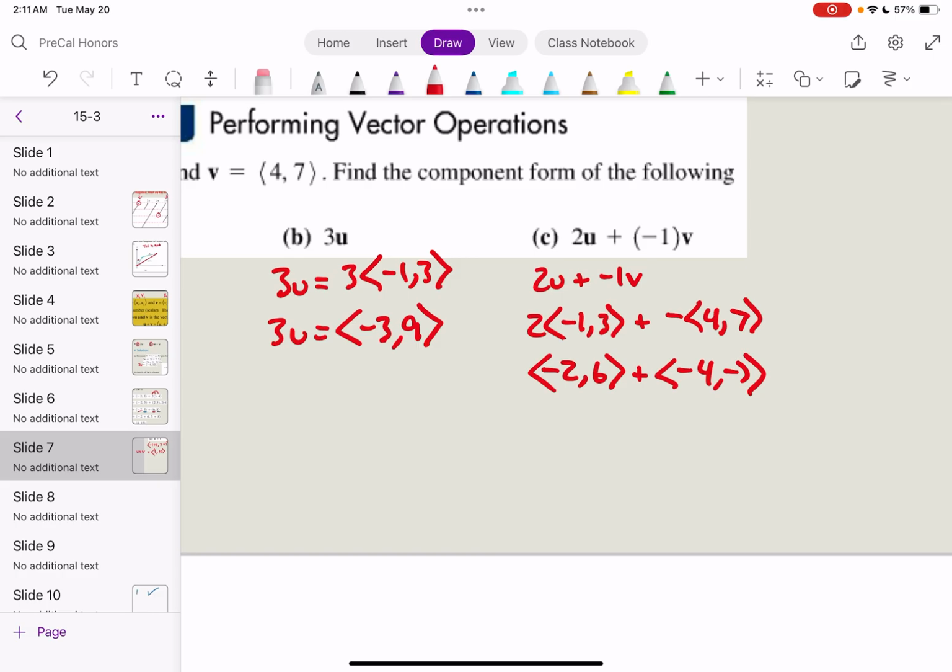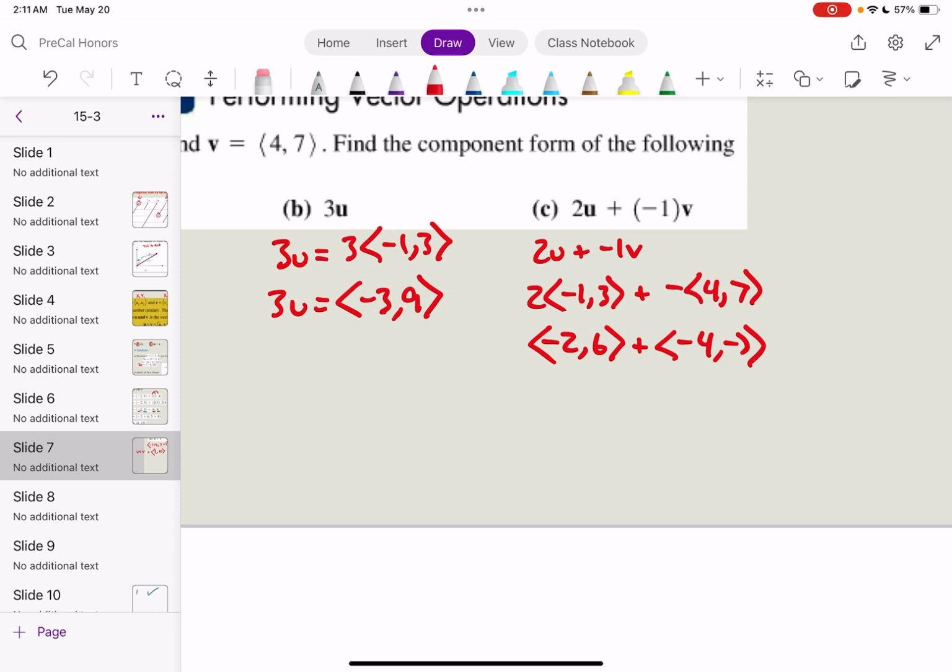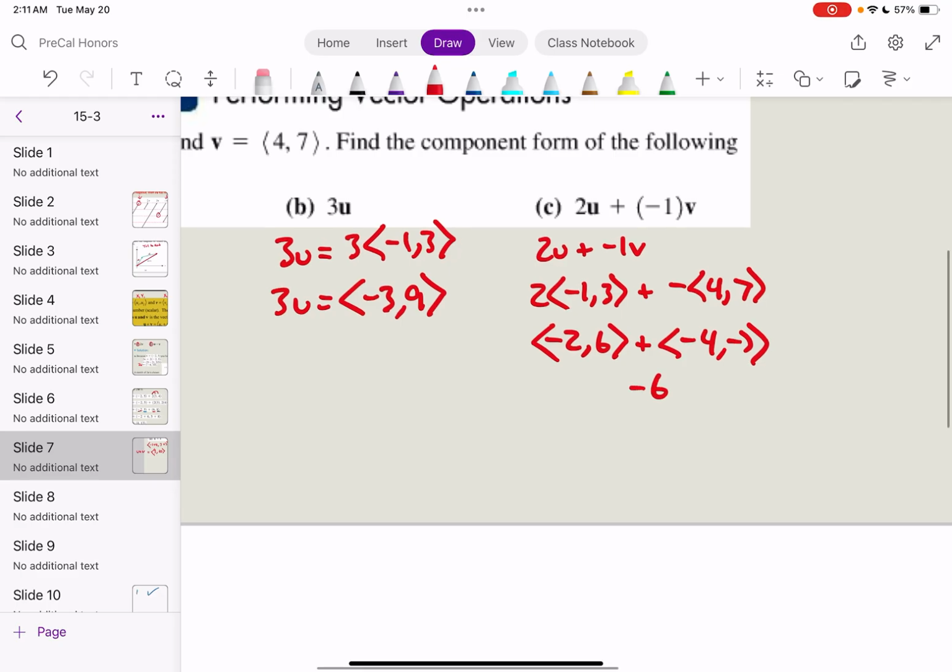As we add our 2 digits together, the -2 plus the -4, that would leave us with -6. 6 plus a -7 would leave us with -1. That would be the answer for our 2u plus -1 times v.